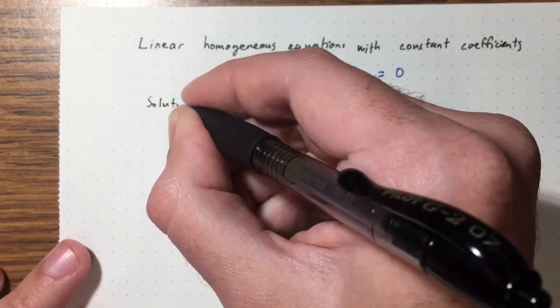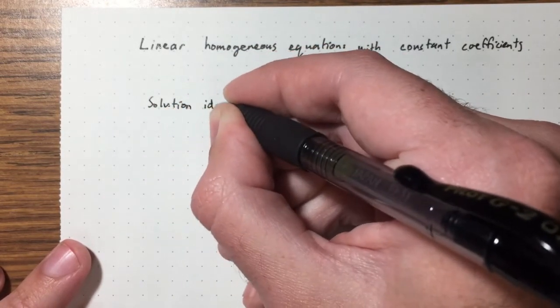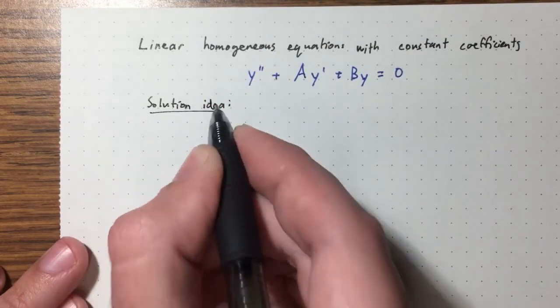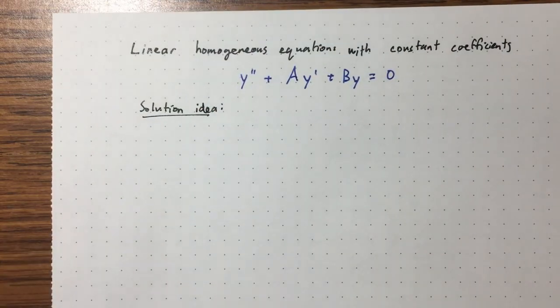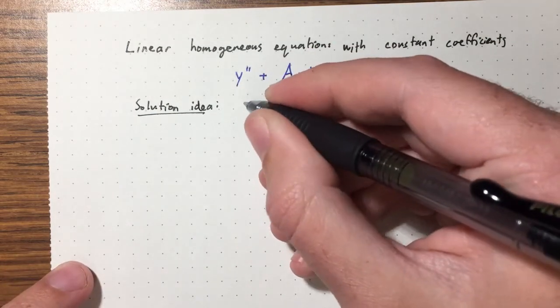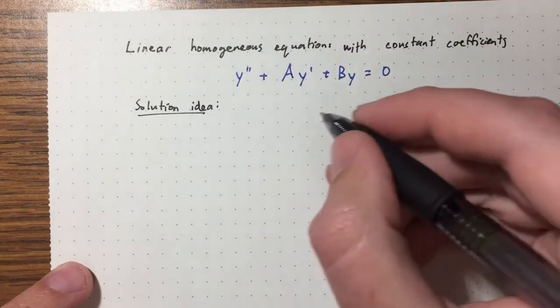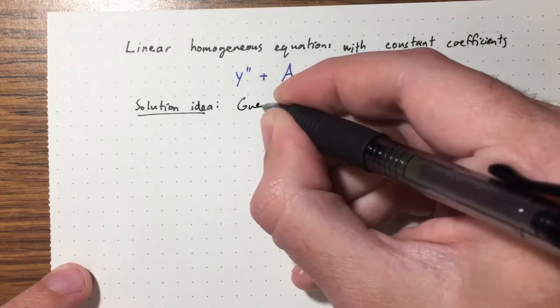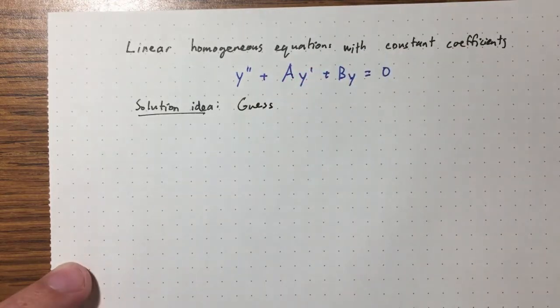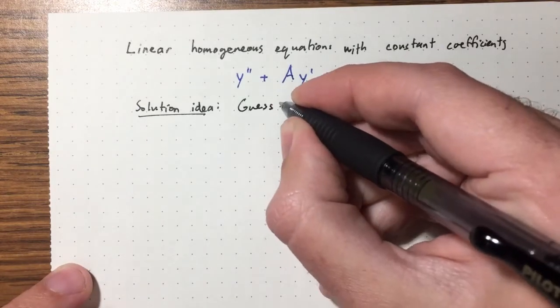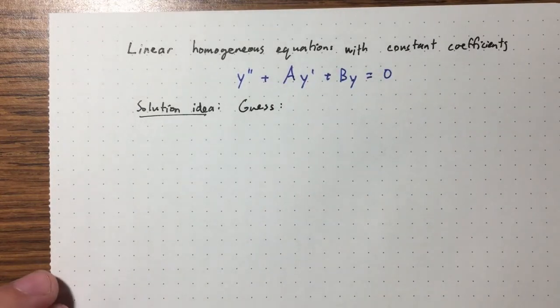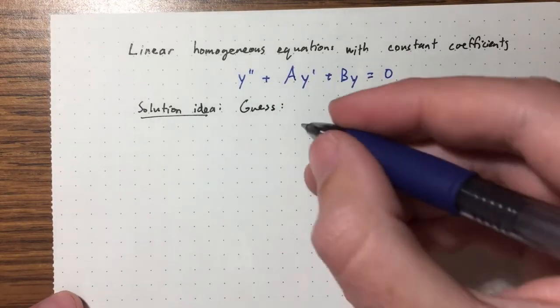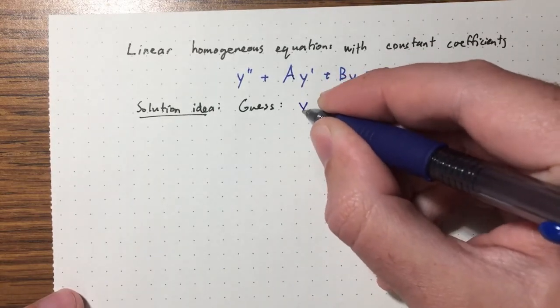So let's call this the solution idea. So this is the idea behind how to solve them. And we're going to try this, and we're going to see it runs into some problems. But there's a good idea, and the idea is to guess. Okay, so that does not seem so satisfying, but we're going to make an educated guess for the solution.